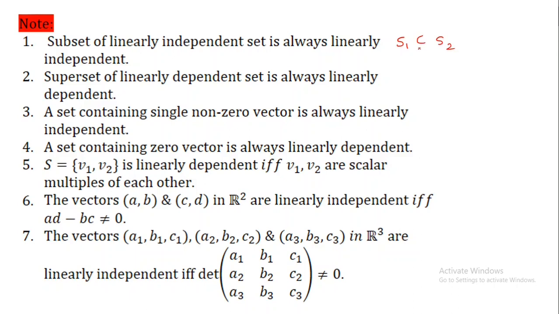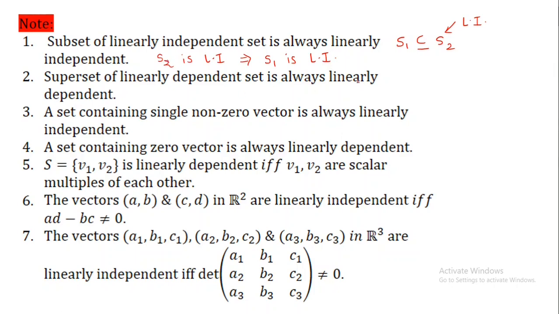Suppose S1 is a subset of S2 and suppose S2 is linearly independent. Then S2 being linearly independent will imply S1 is also linearly independent. So this is the meaning: a subset of a linearly independent set is linearly independent.